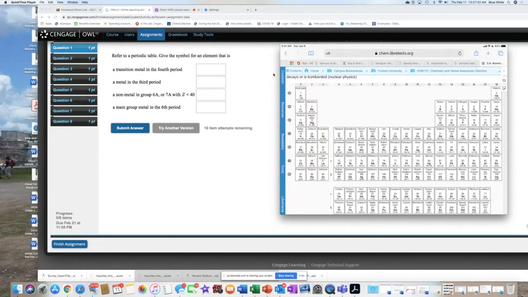Okay, refer to the periodic table. I have it right here. Give the symbol for an element that is a transition metal in the fourth period. So remember, oh, they have the numbers here. These are my periods. 1, 2, 3, 4, 5, 6, 7. So transition metal starts from scandium here, 21, all the way to zinc, to actinium, all the way down here.